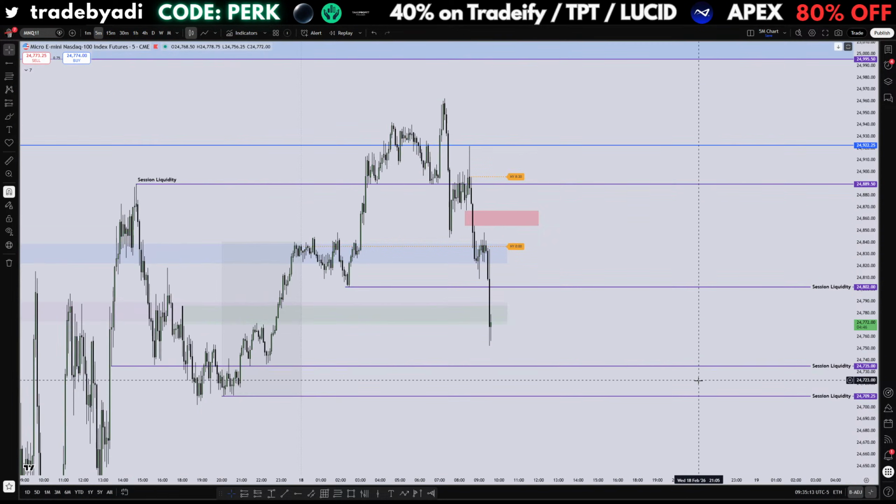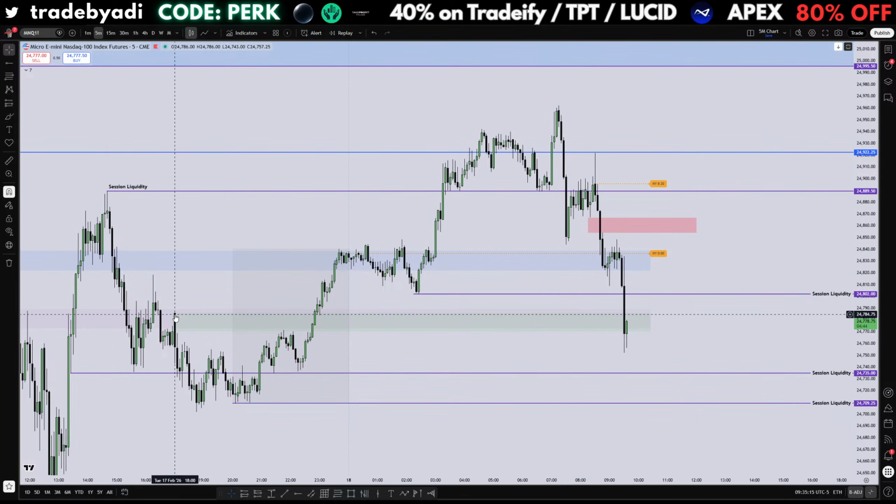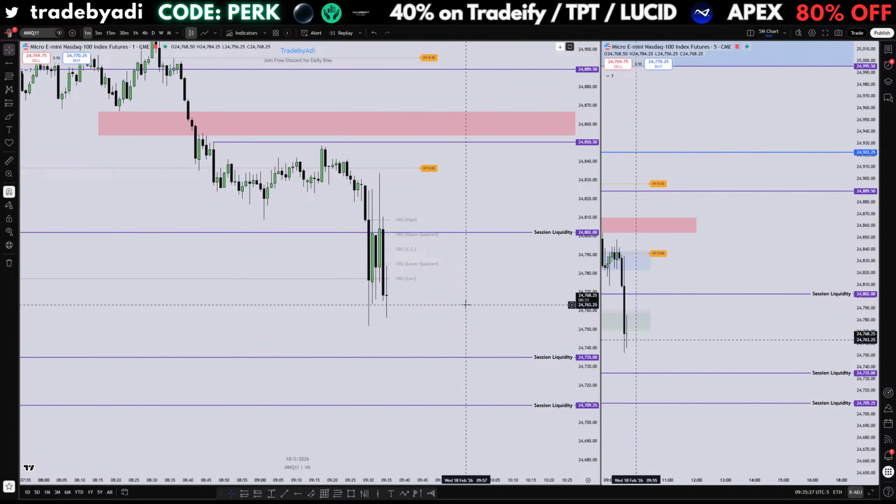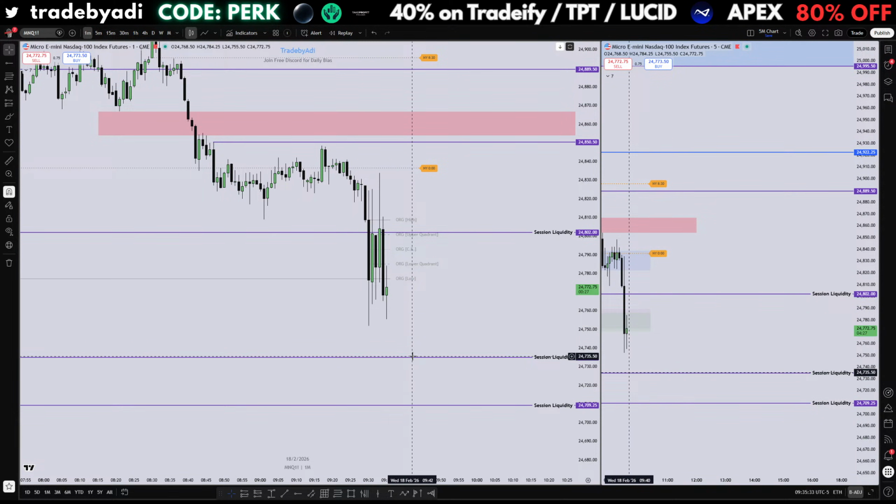On the 5 minute, if you check, we have this market maker sell model, and we also flipped this gap. So this low and this low is still high probability for me, if you are scalping to this low or this low.